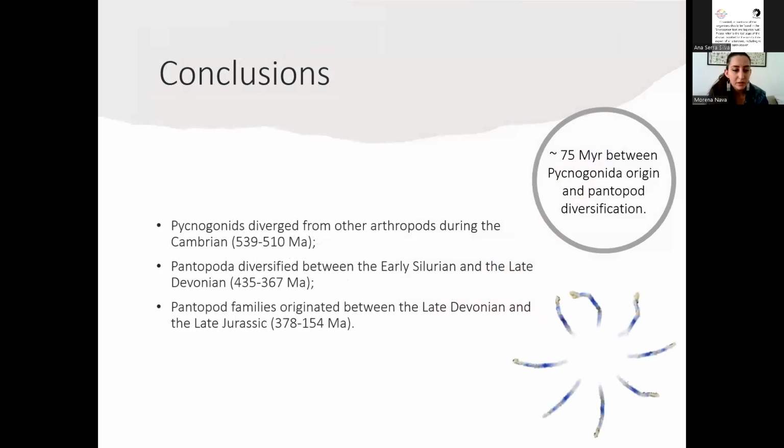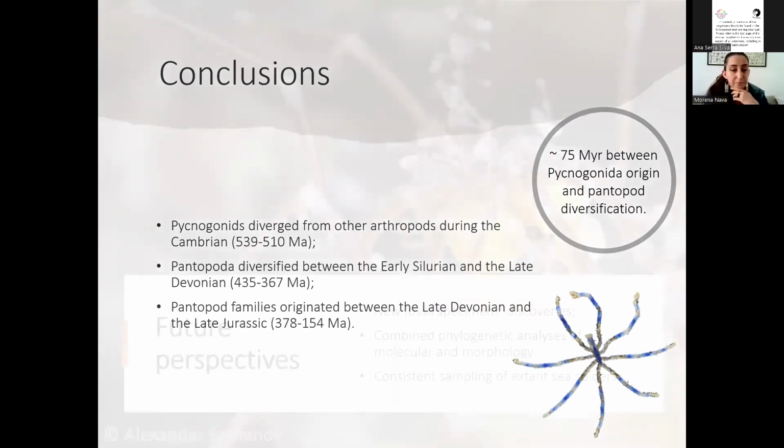So just to conclude and to give some dates, we can say that pycnogonids probably appeared during the Cambrian. Pantopods appear at least 75 million years later, and the families of pantopods diverge shortly after this.